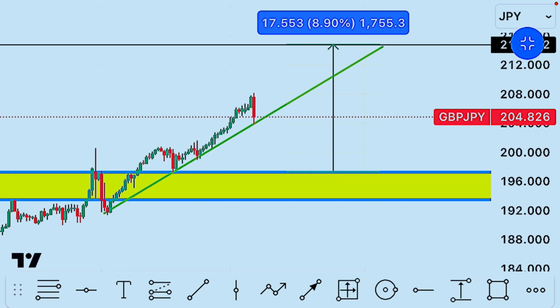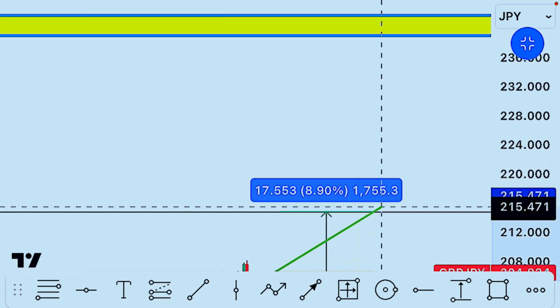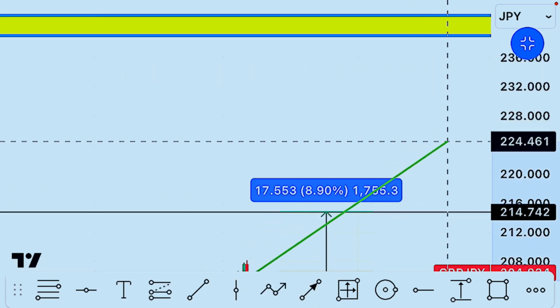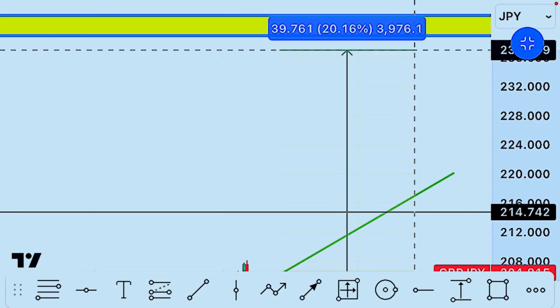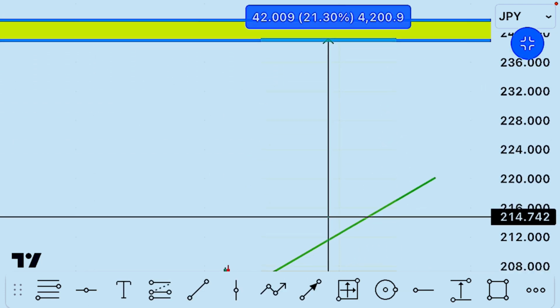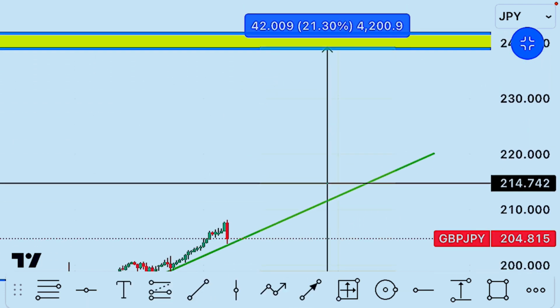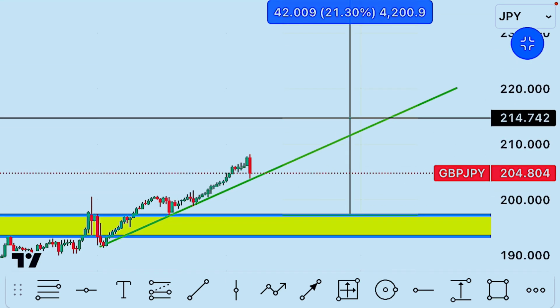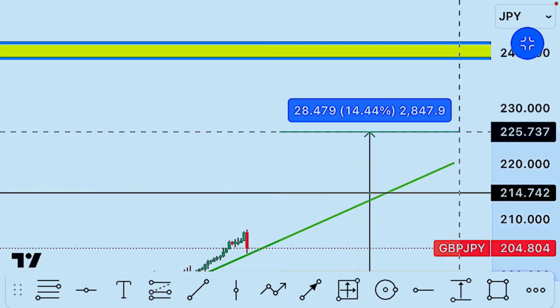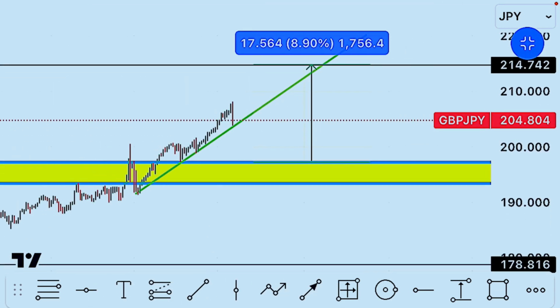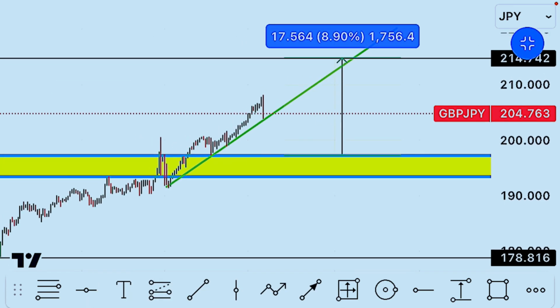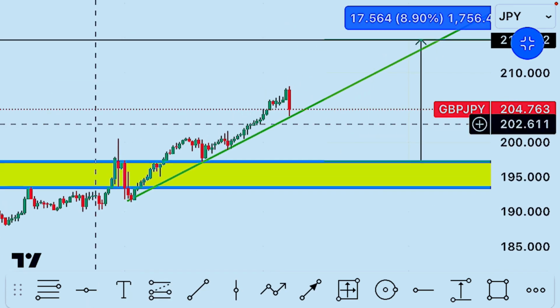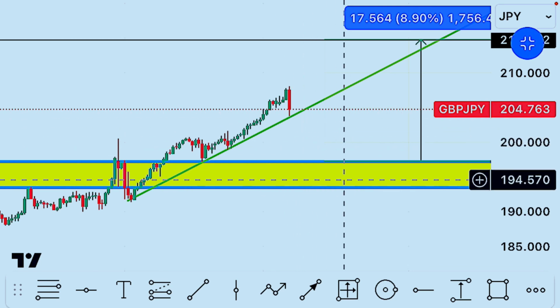So your first target should be on this nearest resistance, and your overall target can be on this key level. That's like 4,000 pips to the upside. Overall target 4,000 pips, but take profit should always be on the nearest resistance. Okay, so yeah, to look for a long trade, just wait for this market to pull back.